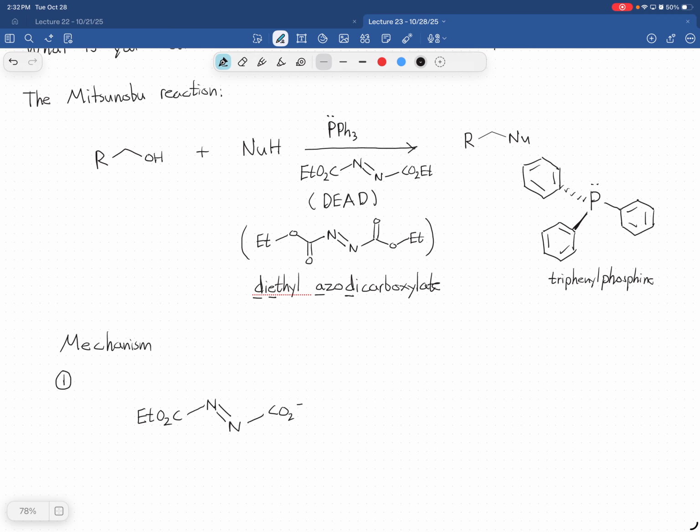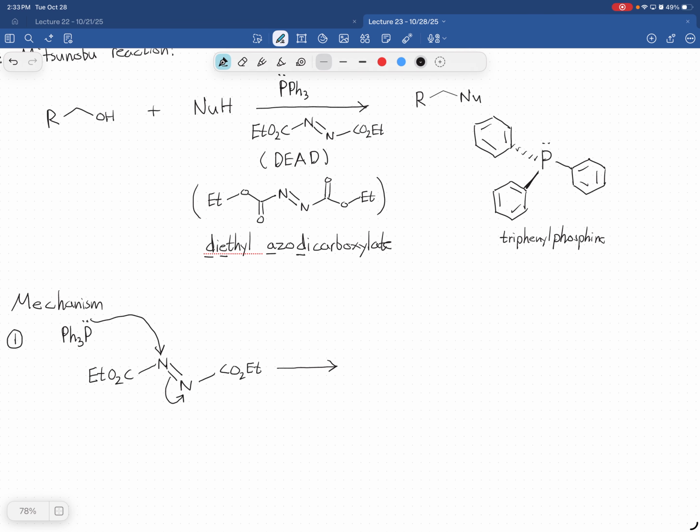When we have a double bond here, that is subject to attack, as we'll see in the alkenes chapter. The lone pair on the phosphorus is going to bond to nitrogen. The pi bond will break and the electrons from the double bond go back to nitrogen, and we're going to get this intermediate.